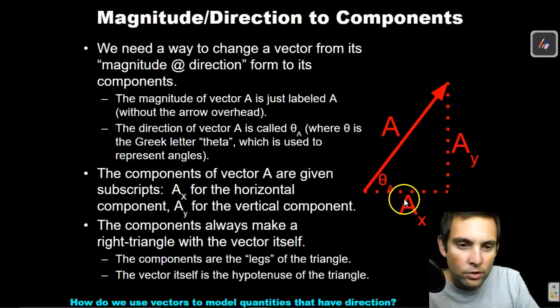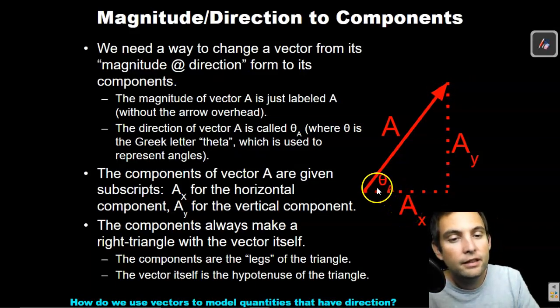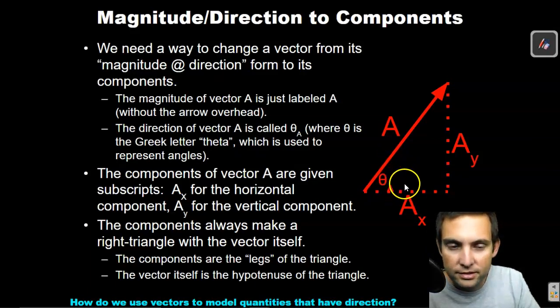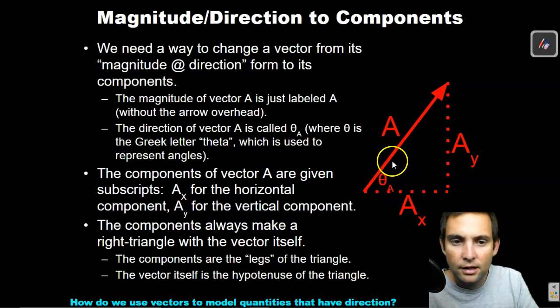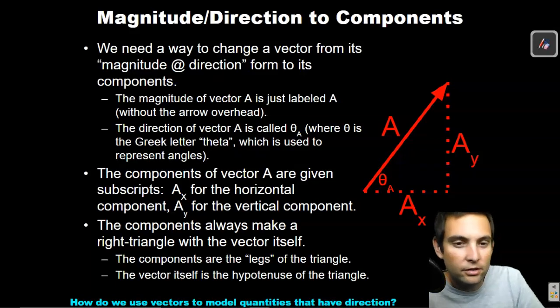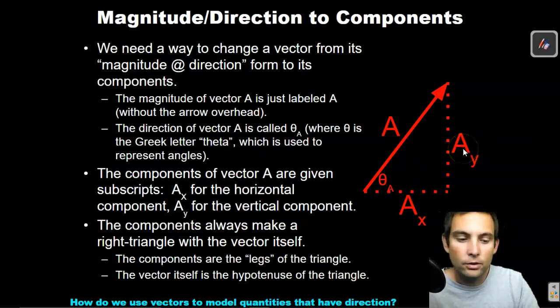The horizontal component for this specific triangle is the adjacent component. Notice it's adjacent to the angle. What adjacent means is just touching. So if the side of the triangle is touching the angle, that's your adjacent. The other one that's far away from the angle is going to be your opposite.